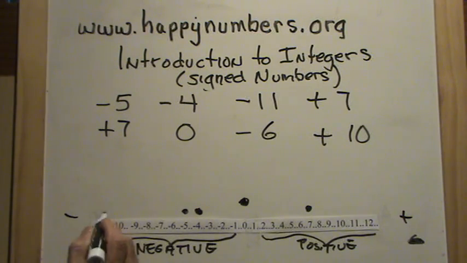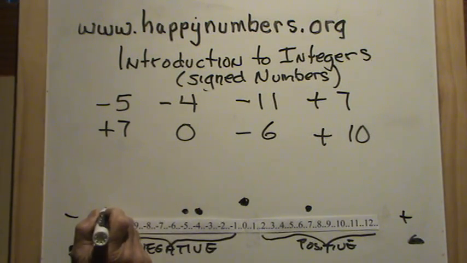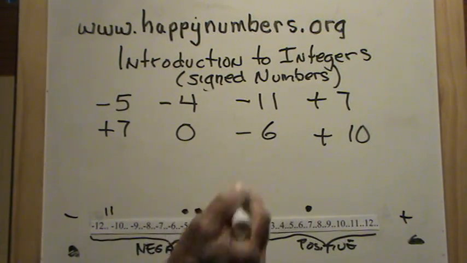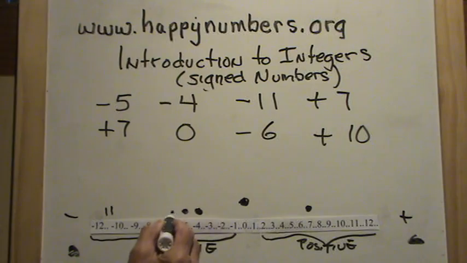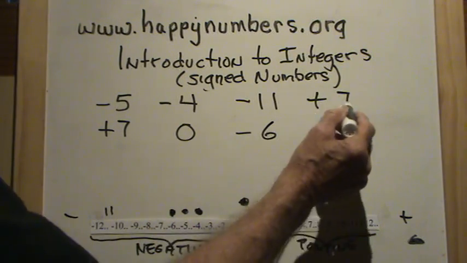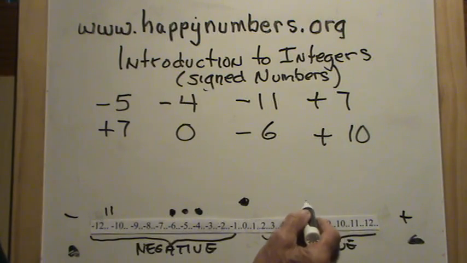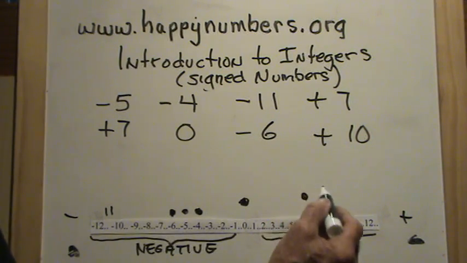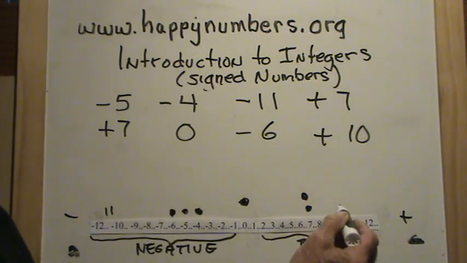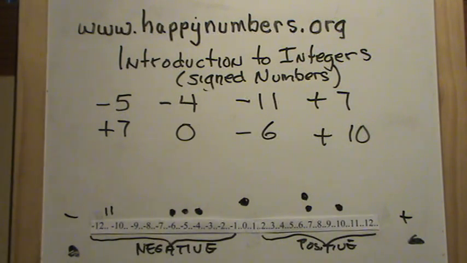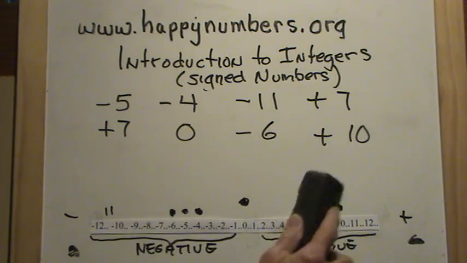I made a mistake here. -11 is supposed to be here. My bad. -6. That would be here. +7. We have +7 twice. And +10. Well, good. It's very simple to locate numbers on a number line.